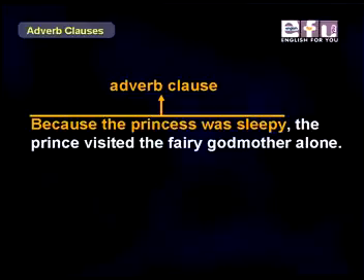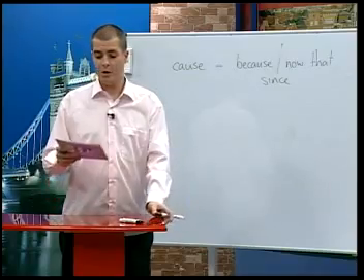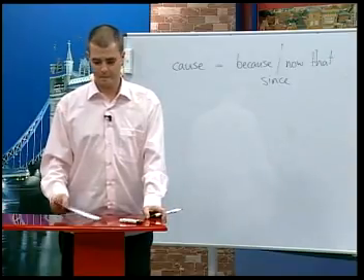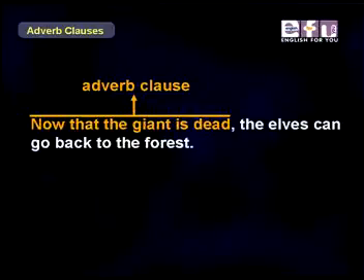Now, in the first sentence, because the princess was sleepy is the adverb clause. The adverb clause says why the prince went home alone. Why did he go alone? He went alone because the princess was sleepy. In the second sentence, now that the giant is dead is the adverb clause. Now that means because now.